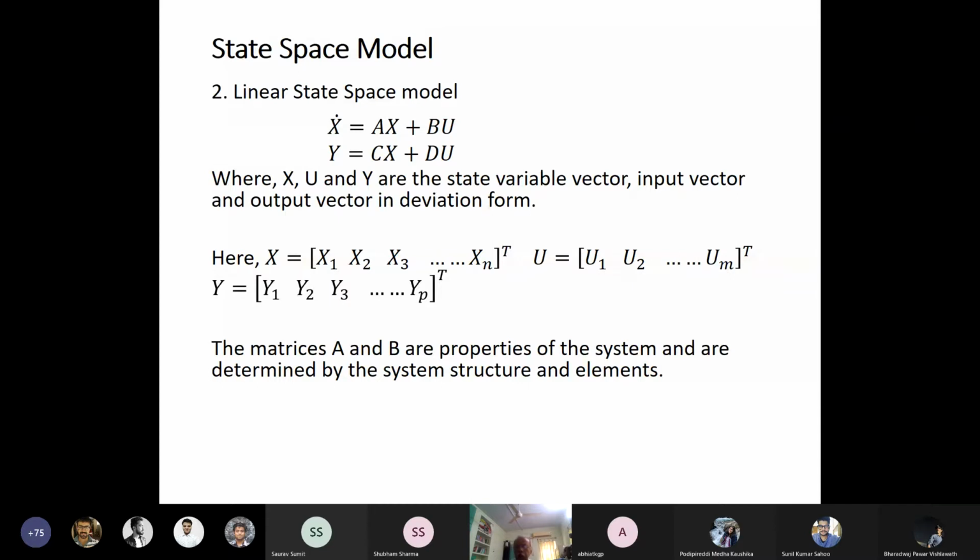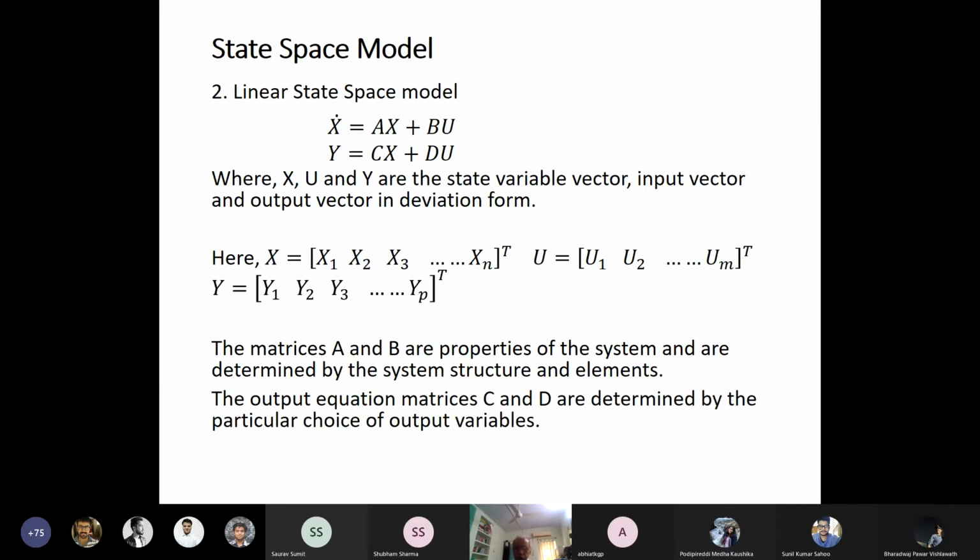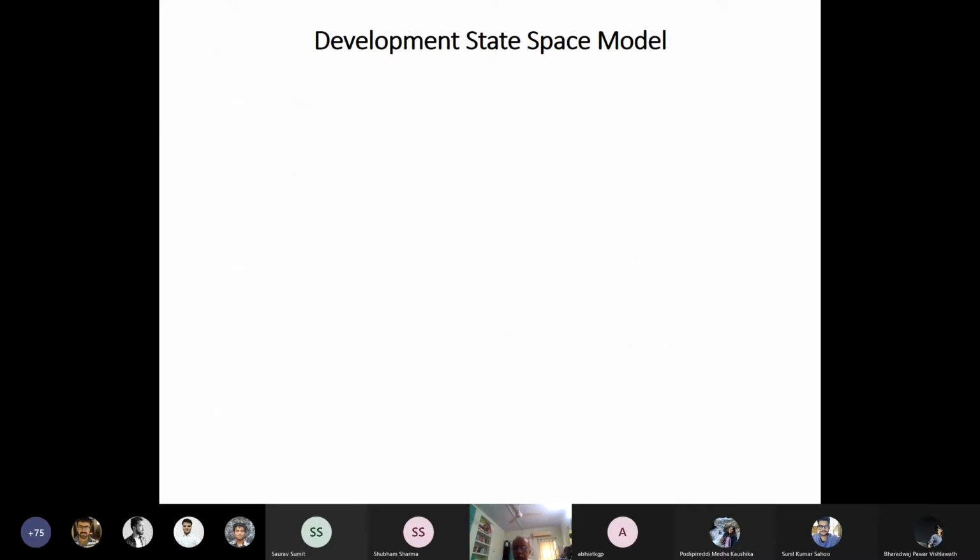Now, how to develop a state space model, whether in a nonlinear form or a linear form? So let us see how we can develop a state space model. The development of the state space model.